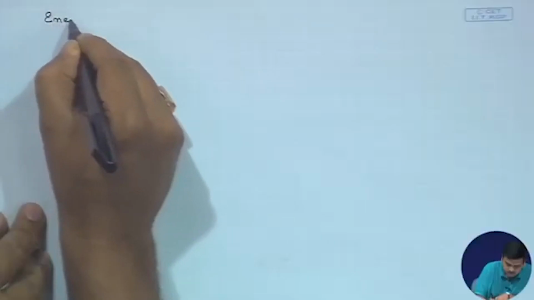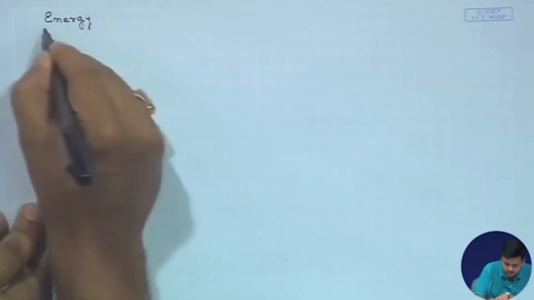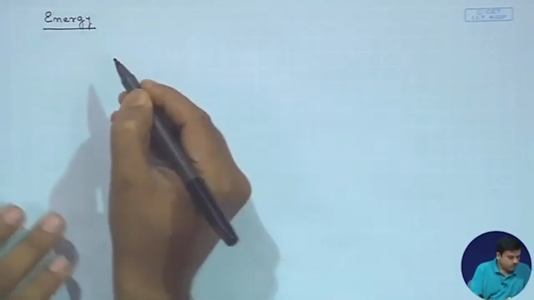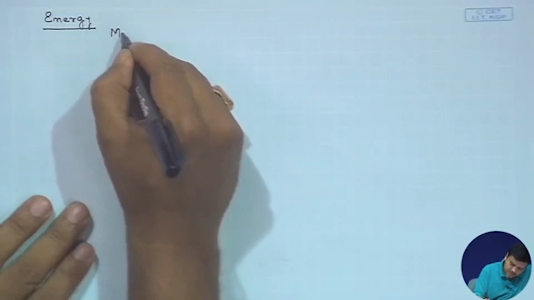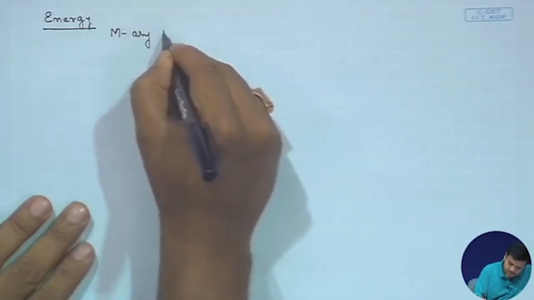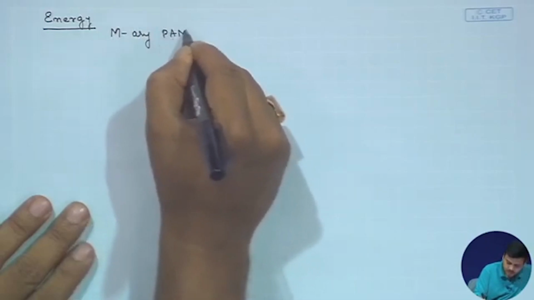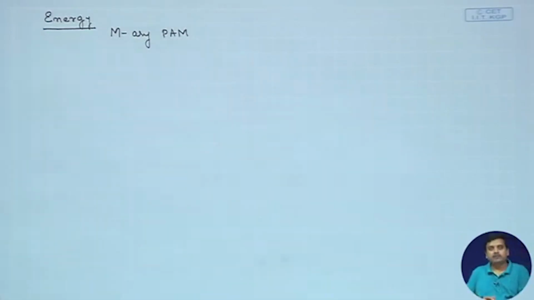Right. So, moving on further, once we have discussed this particular thing, what we can do is we can compute the energy. So, when you compute the energy of, let us say, M-array PAM, if M is equal to 2, you have binary.